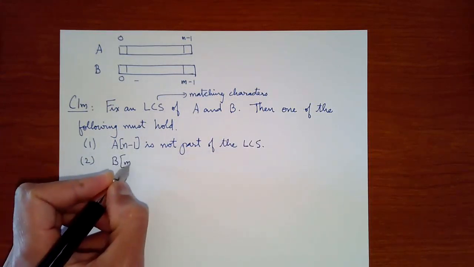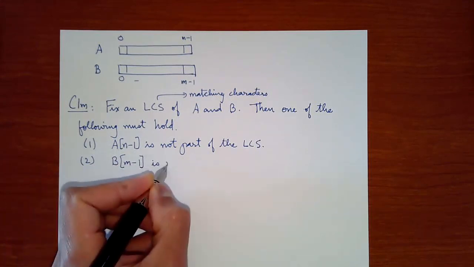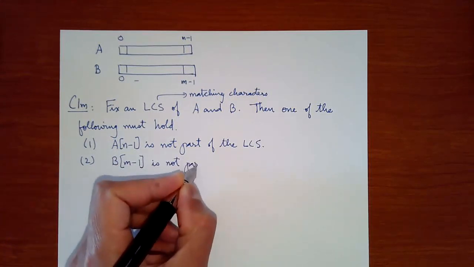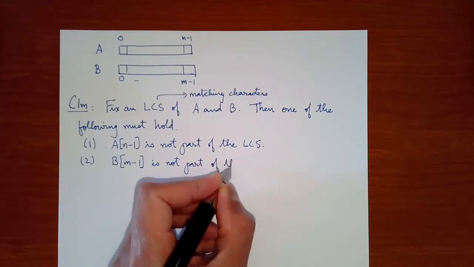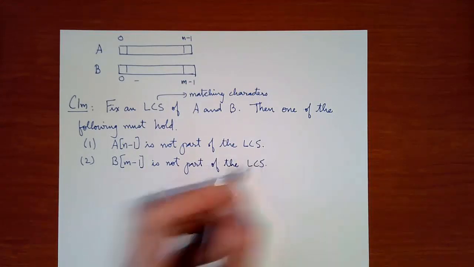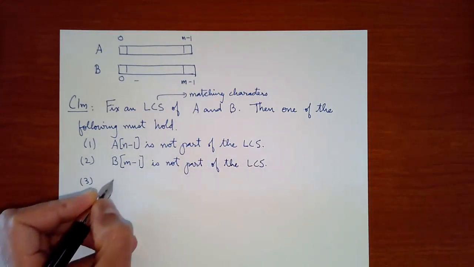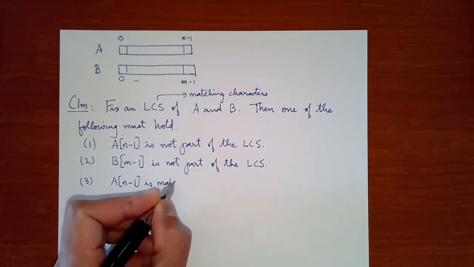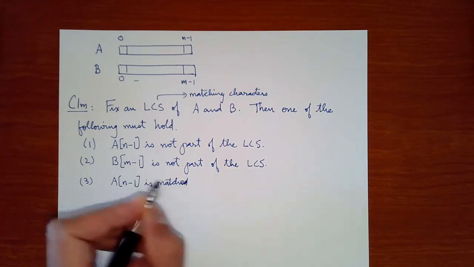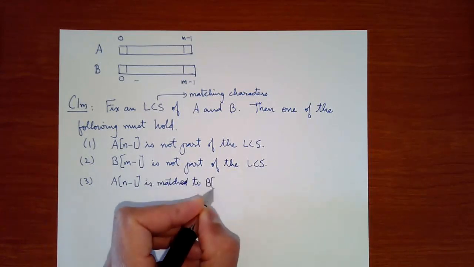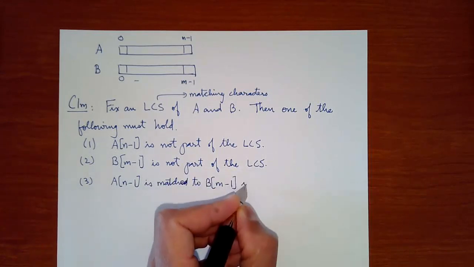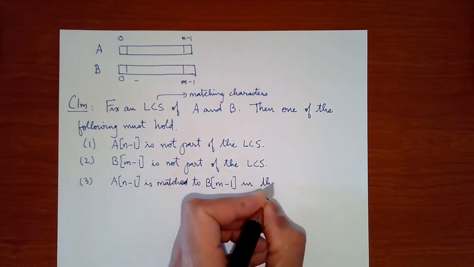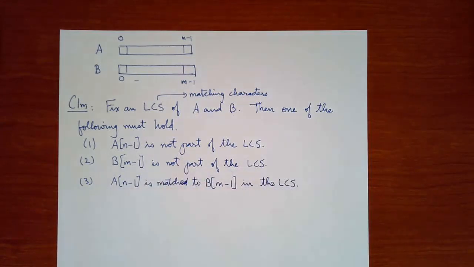Or B of m minus 1 is not part of the LCS. Or A of n minus 1 is matched to B of m minus 1 in the LCS.